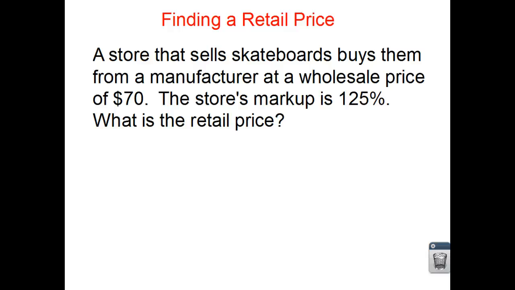And in this example, it looks like we're going to go get a skateboard. And the owners of the skateboard shop, they're going to go to a warehouse, let's call it, or some company that produces all these skateboards, and they're going to buy the skateboards from them at some wholesale price. So the manufacturer gives a wholesale price.